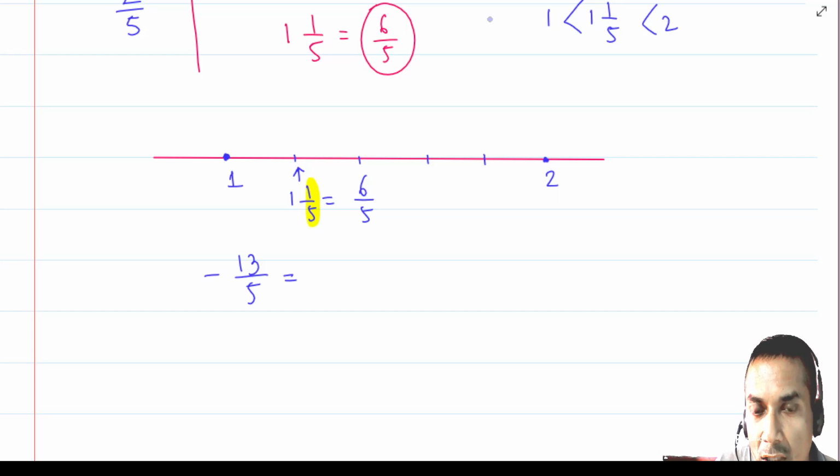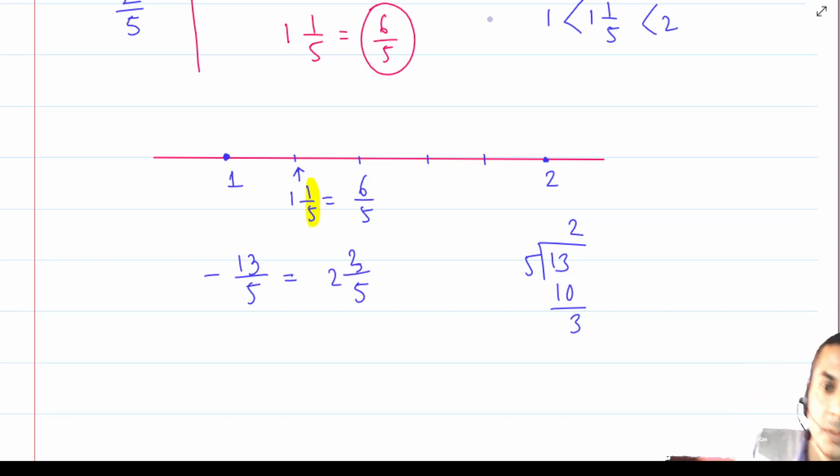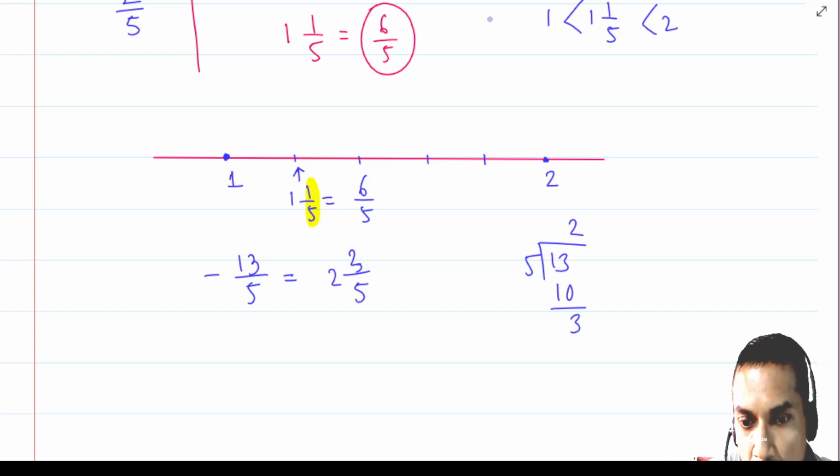Okay, so 13 divided by 5: the quotient is 2, the remainder is 3, and 5 is the denominator. So it is minus 2 and 3 by 5.